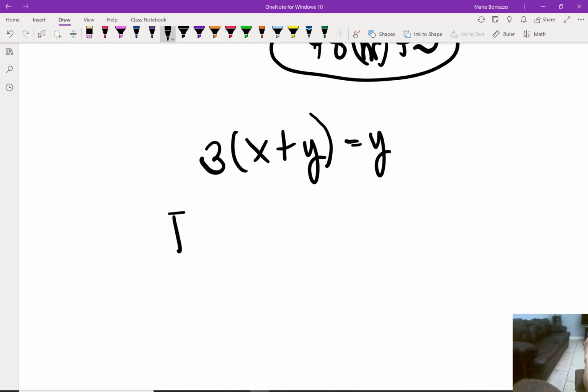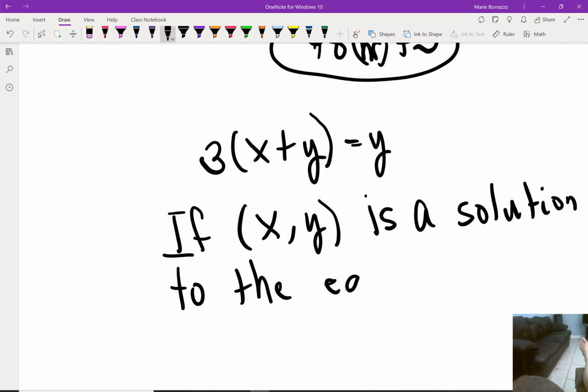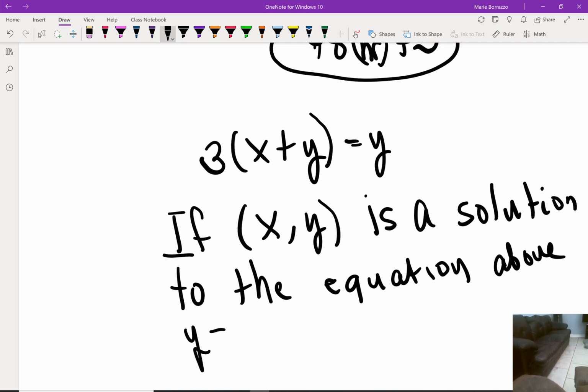And then they're saying that if x comma y is a solution to the equation above, and y is not equal to 0, they want to know the ratio of x over y. That's what they're asking you.